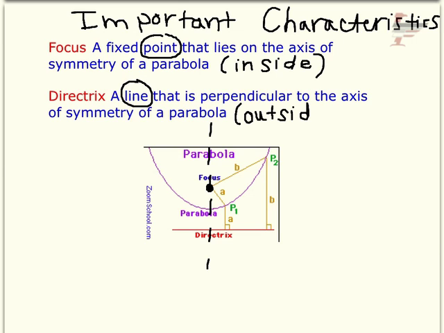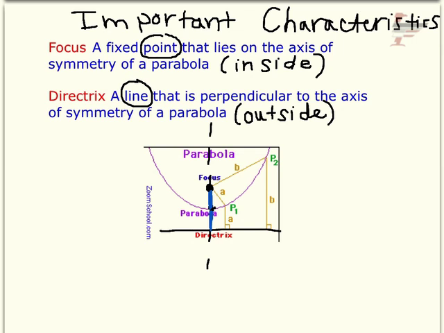In this case, it's below the parabola. So here's my directrix line. If I know that from my focus point to my vertex is 3 units, then from my vertex to my directrix line is also 3 units.